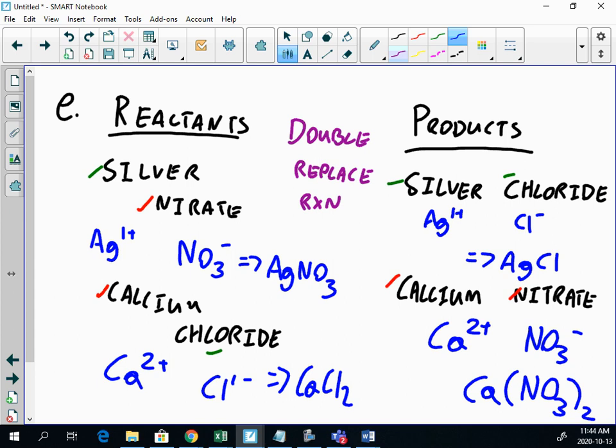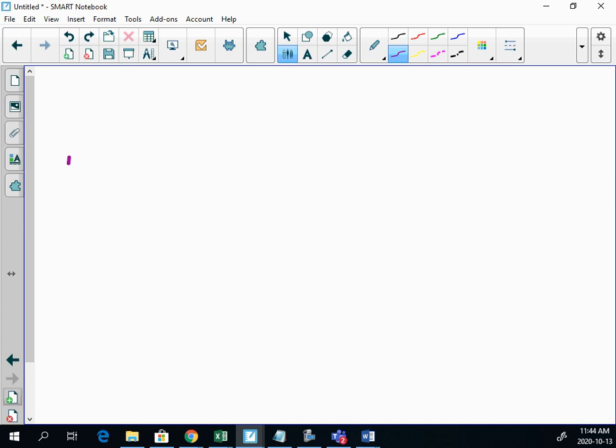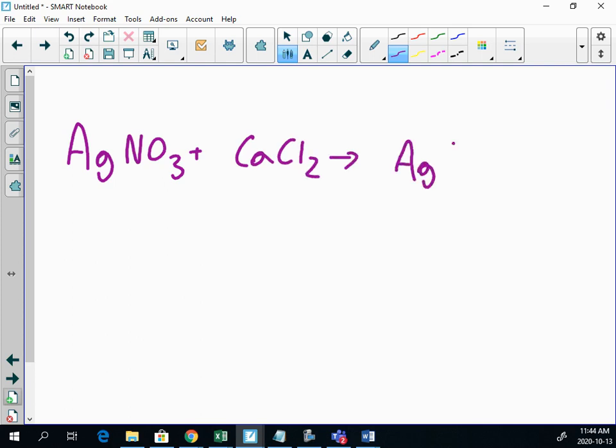So I've fully identified all of my products and all of my reactants, and now I can go ahead and write the balanced reaction. I have AgNO3 plus CaCl2, giving me AgCl and Ca(NO3)2. My balance here is not too bad.